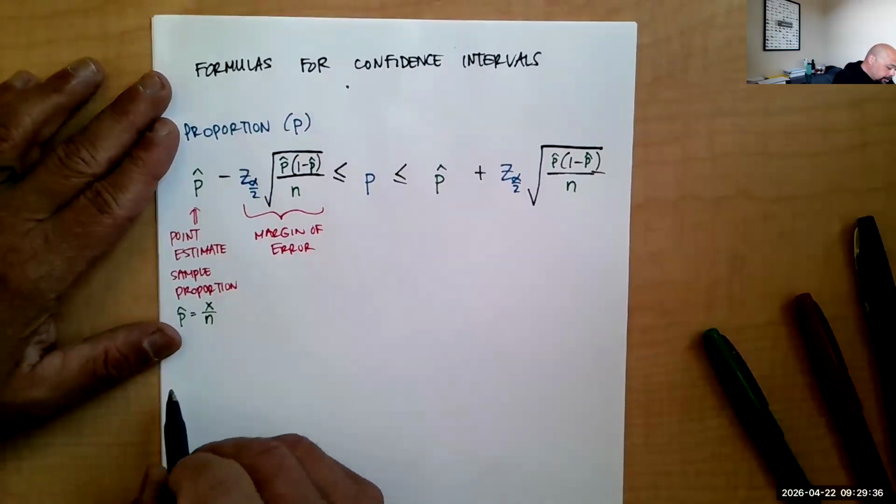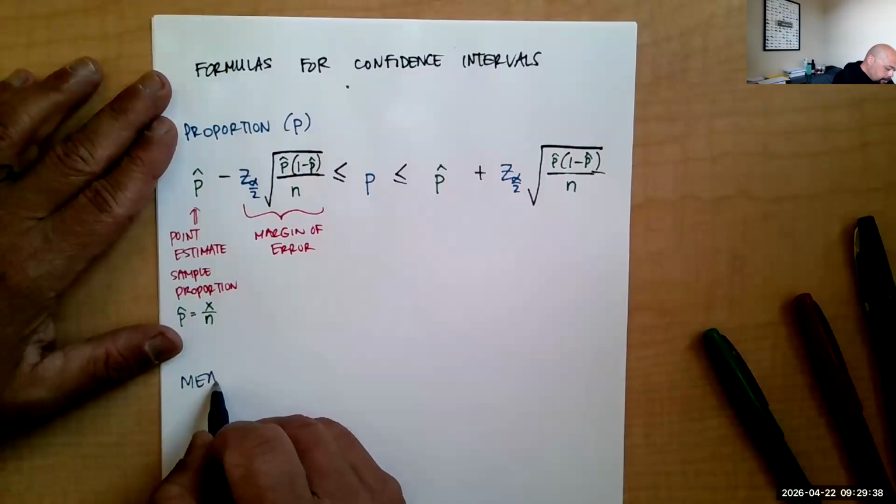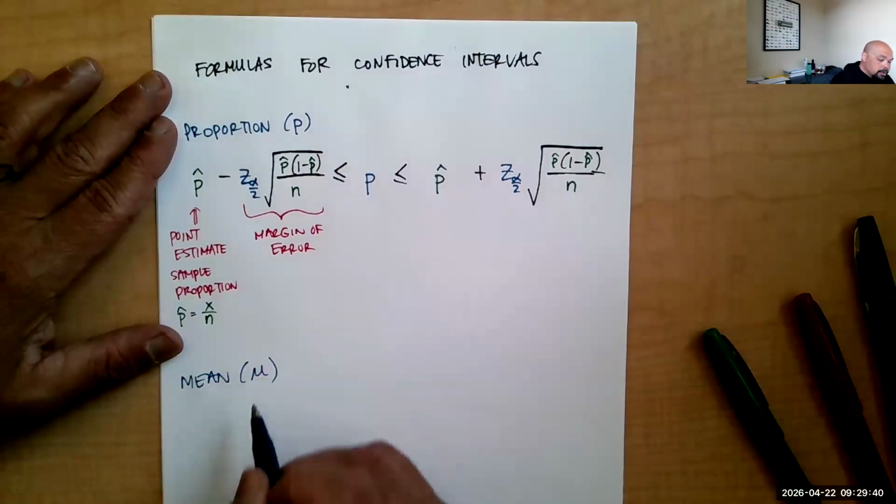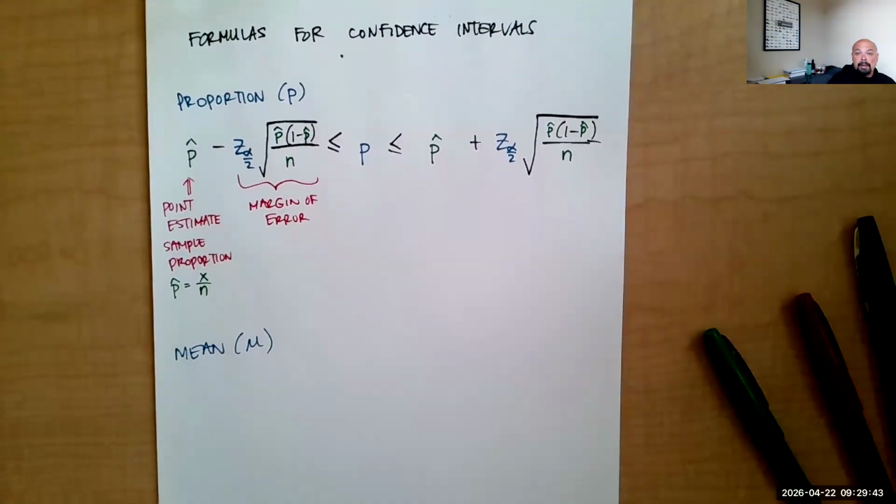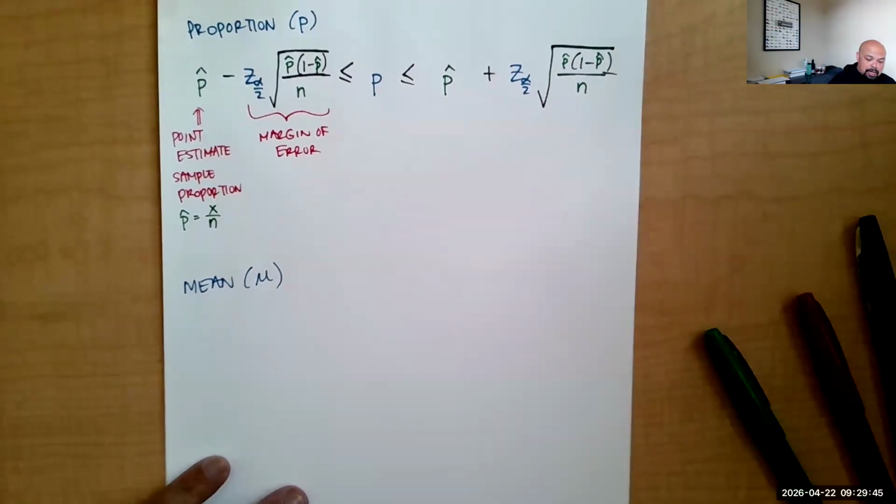So then when we start to deal with the mean, this estimate for mu, following a similar pattern, right? We have those two options.